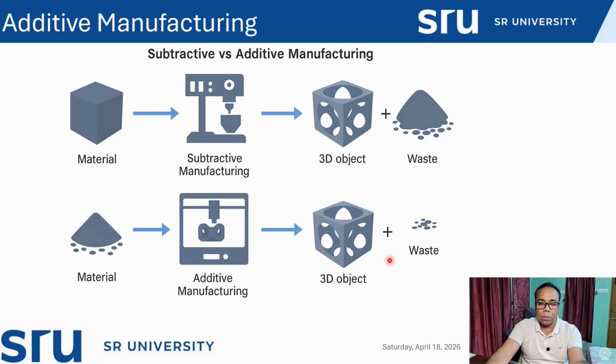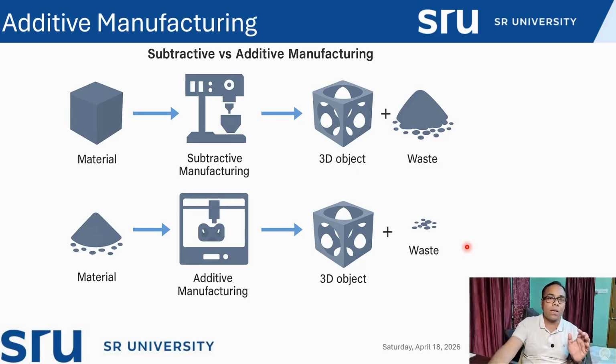Only a small amount of wastage will be there, and that wastage will come in the form of the support structure. Sometimes, as we have discussed, the support structure is required. That support structure ultimately will not be part of our entire object, so it has to be removed in the secondary operation. Only that wastage of material will come. Otherwise, no wastage will come.